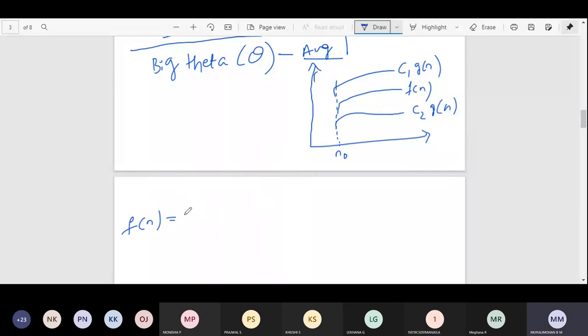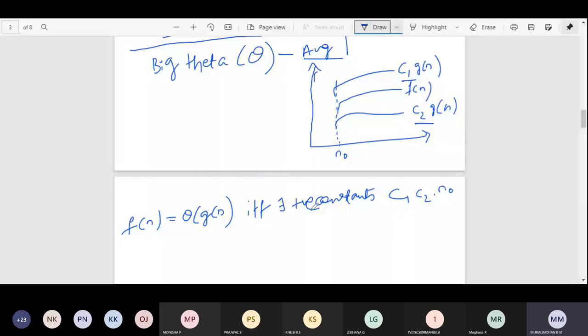We can say that f of n is equals to theta of g of n if there exist positive constants C1, C2 and n naught.